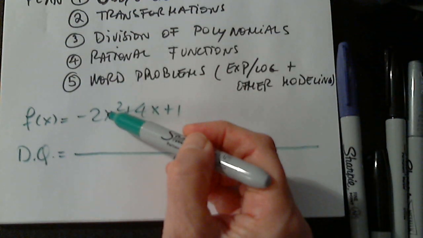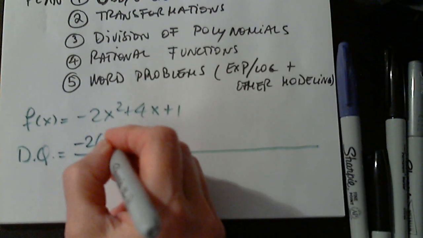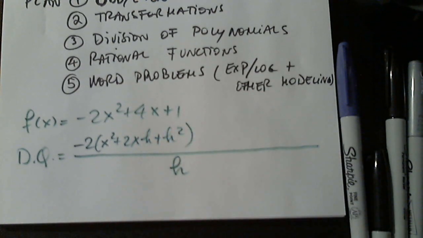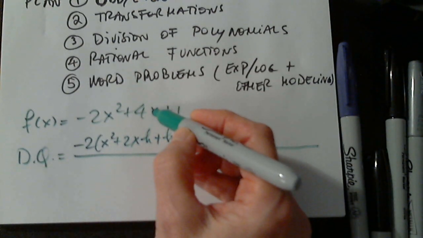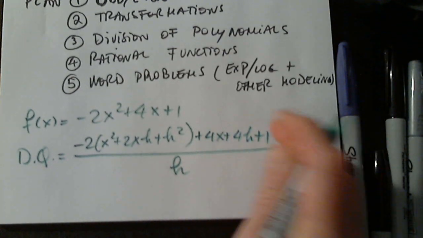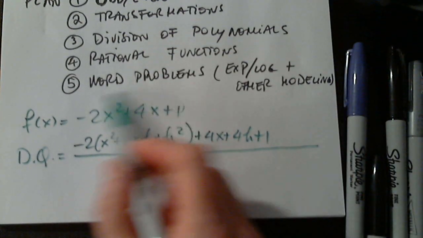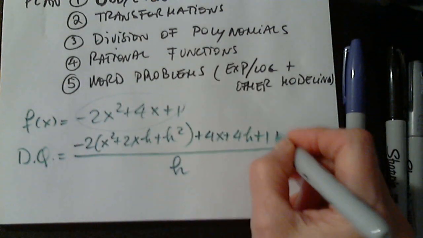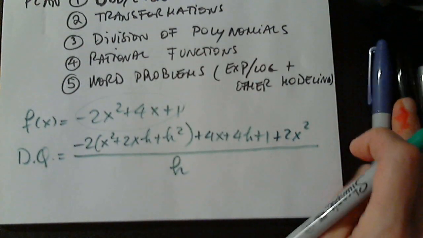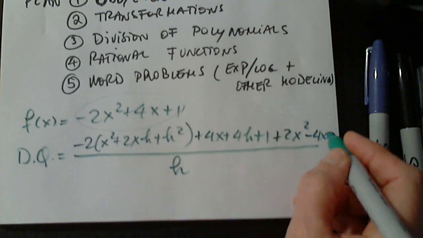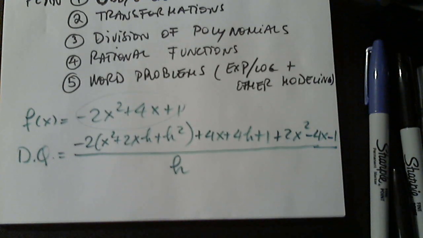So we plug in x plus h here, and we have negative 2 times x squared plus 2xh plus h squared. We replace x by x plus h, so we have plus 4x plus 4h and plus 1. And now we have to subtract the function. When I subtract the first term, I get plus 2x squared. When I subtract the second term, I have minus 4x. And when I subtract the last term, I have negative 1.